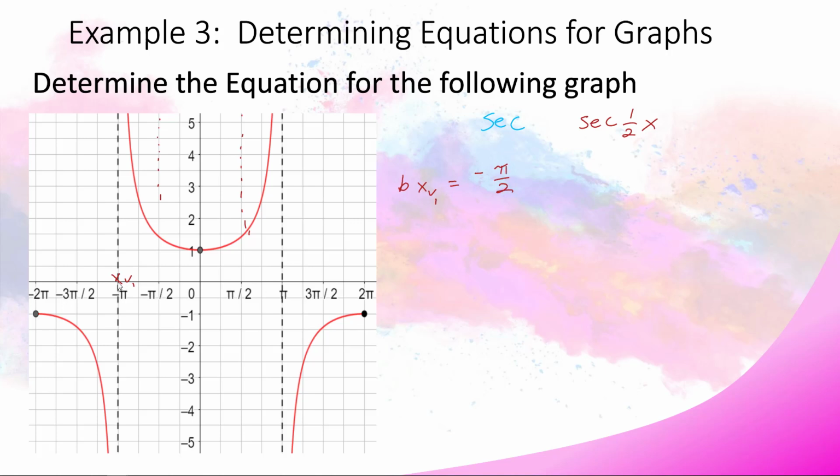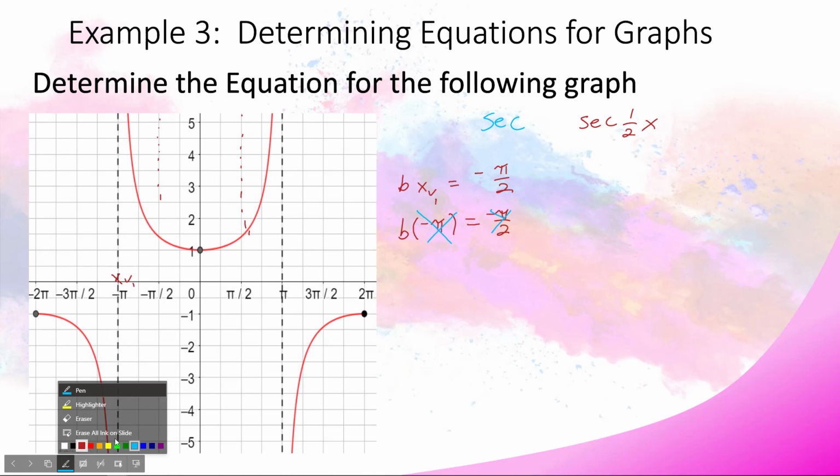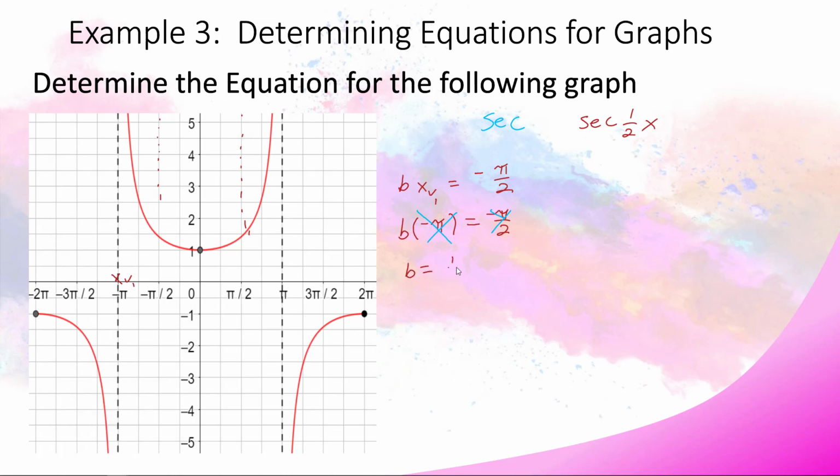Okay, well here we're at negative pi. So if I substitute negative pi for xv1, I'm going to have b times negative pi is equal to negative pi over 2. This cancels, and I'm left with b is equal to positive 1/2.